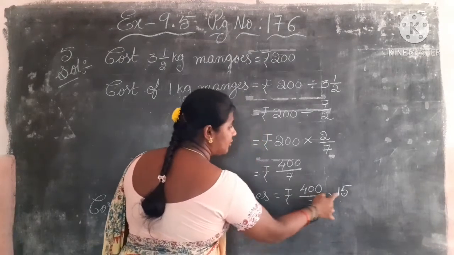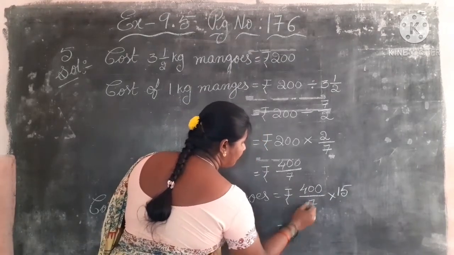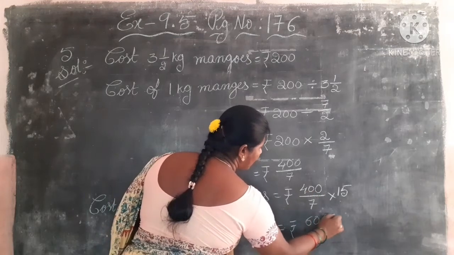So do the multiplication. 400 into 15. 15 fours are 60. 6000/7.